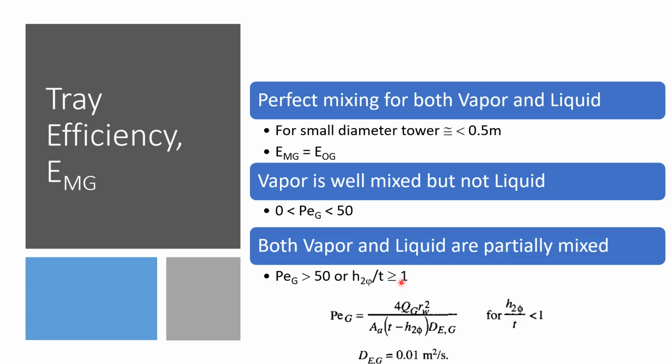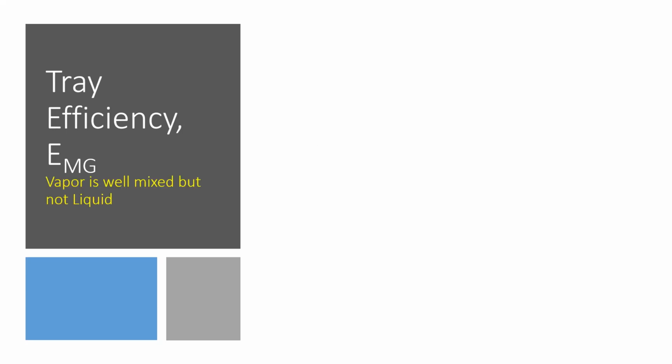If it is less than 1, then we have to check the Peclet number. Less than 50 is scenario number 2, more than 50 is scenario number 3. And we can calculate the Peclet number using this equation here.